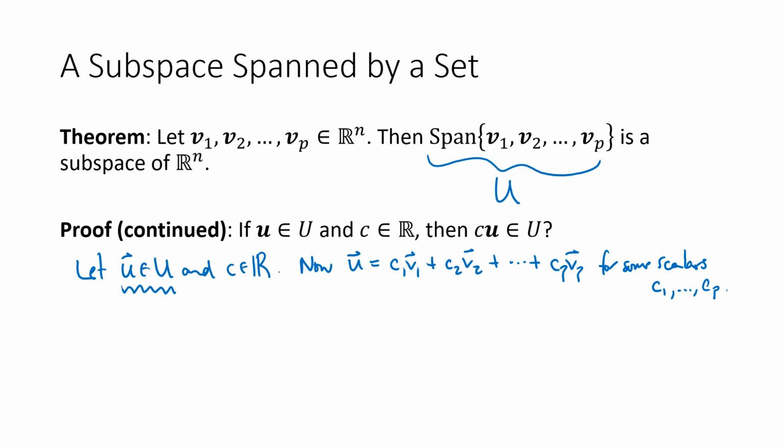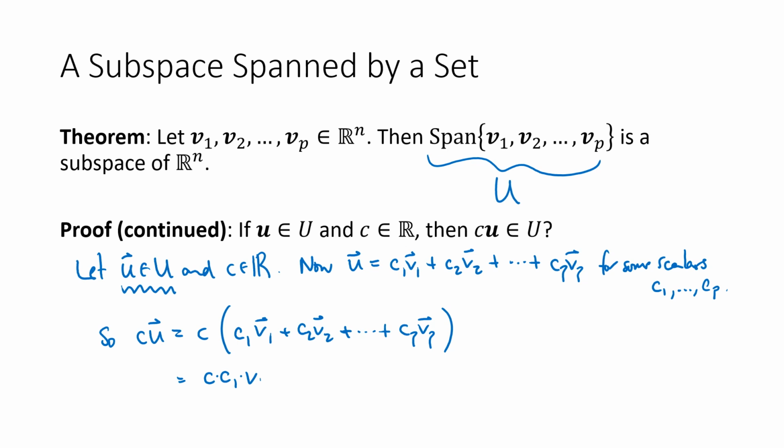Okay, so now third step is to work towards the conclusion. My conclusion here is that C times U should be in capital U. Okay, so what's C times U? C times U, that's C times all this stuff, C1 V1 plus C2 V2 plus CP VP. And now I'm going to distribute. So I've got C, C1, V1. I've got C, C2, V2. And then I've got C, CP, VP.